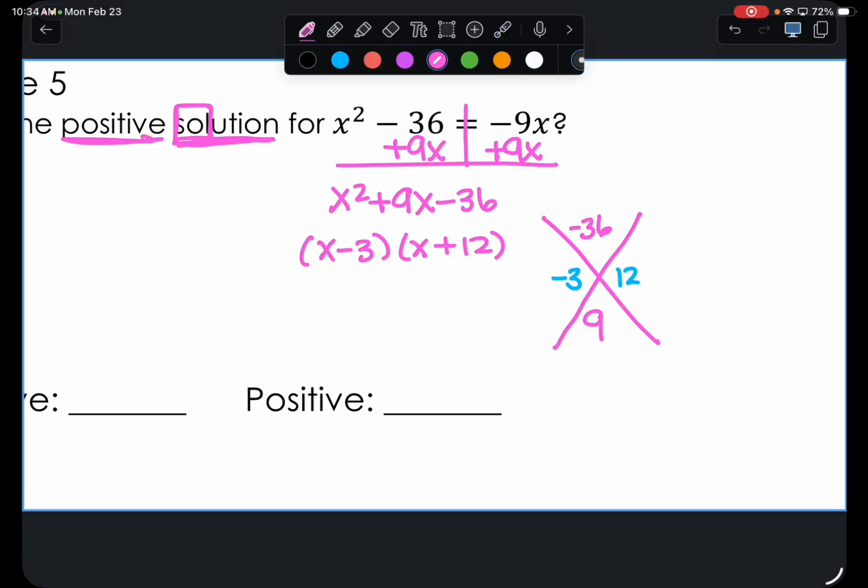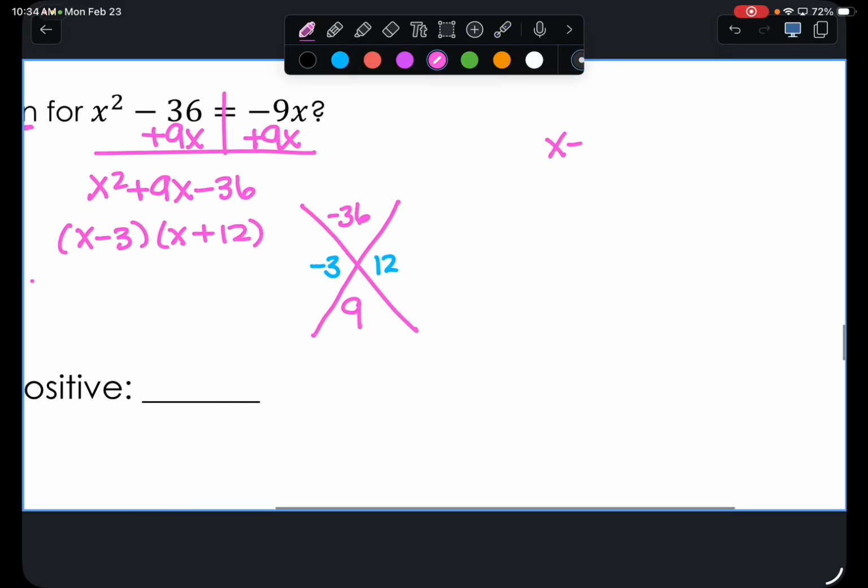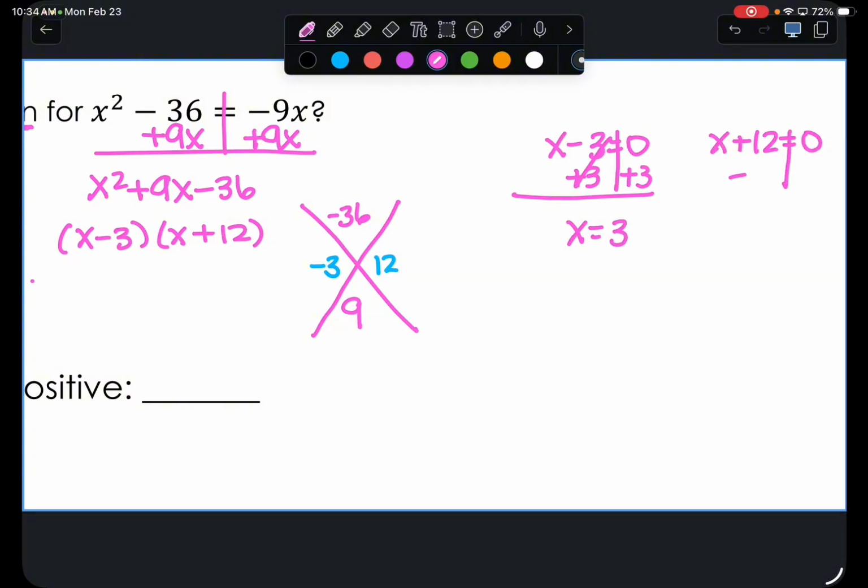You have to solve, okay? Now, this minus 3 is going to change to plus. So after solving, you'll notice 3 is your positive solution and 12 is your negative. So we put negative 12.